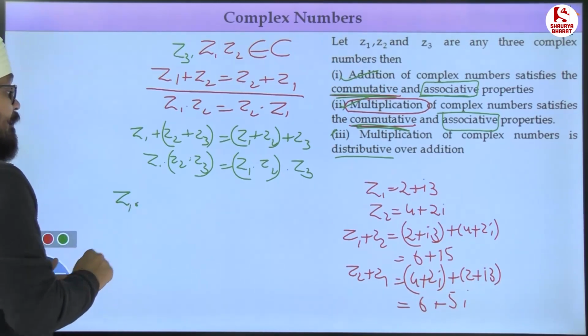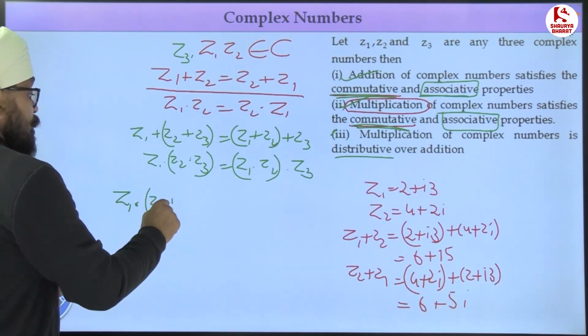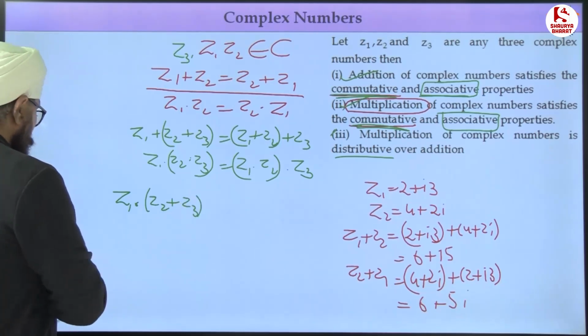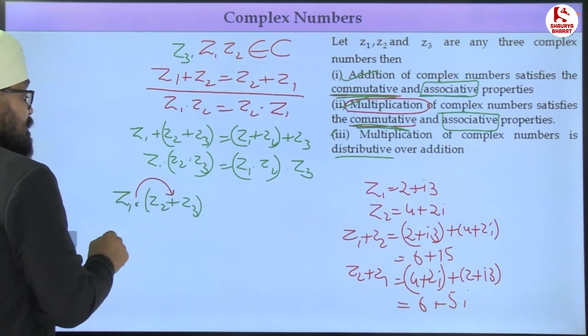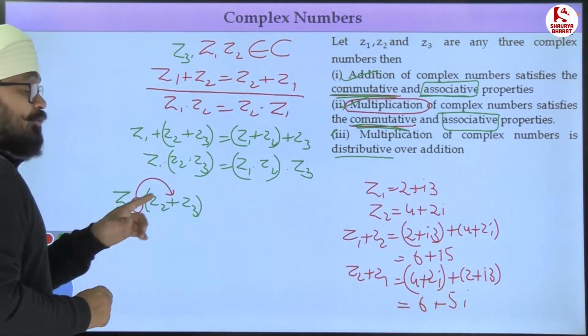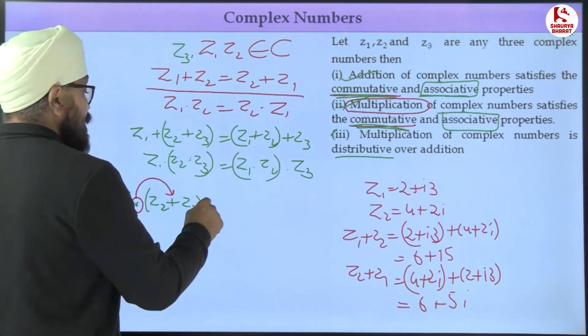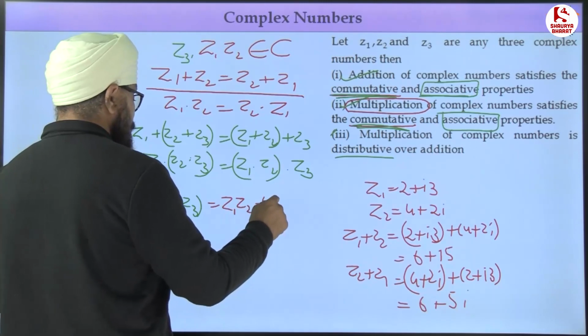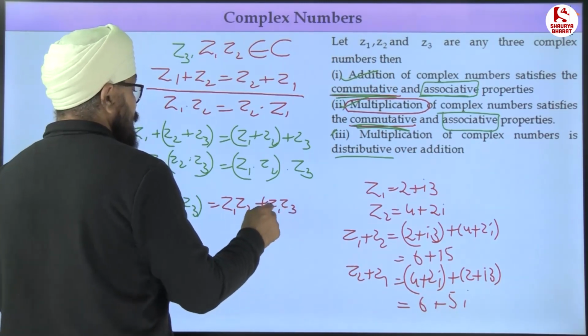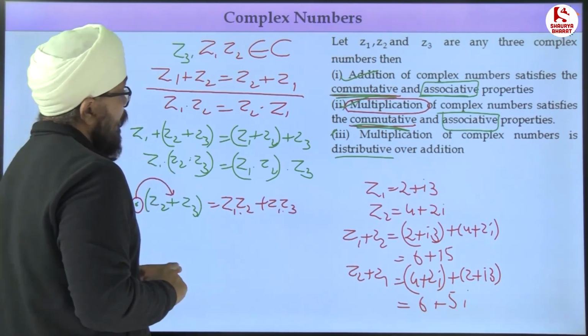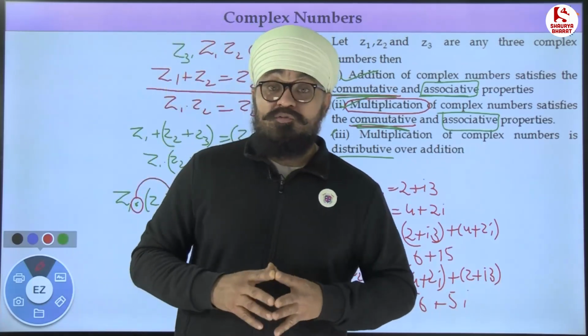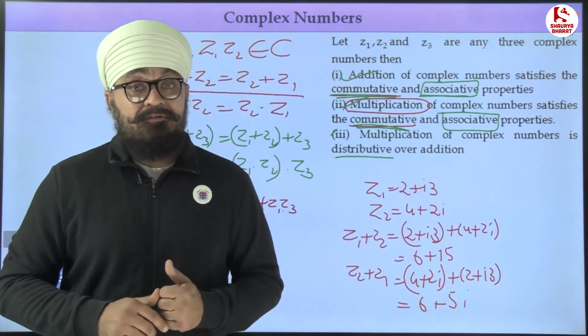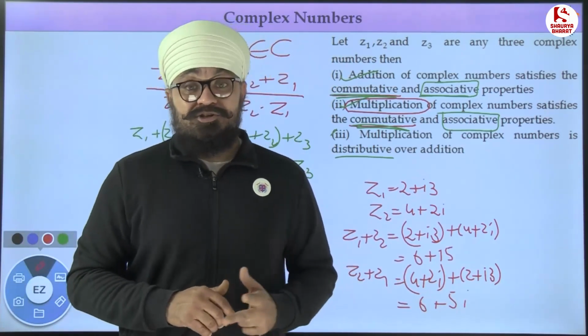So, if I write Z1 times Z2 plus Z3, this distribution is valid, this dot will be distributed over addition. As a result, we will get Z1 Z2 plus Z1 Z3. So, this is how we apply the 3 basic laws of algebra, which are commutative, associative and distributive.